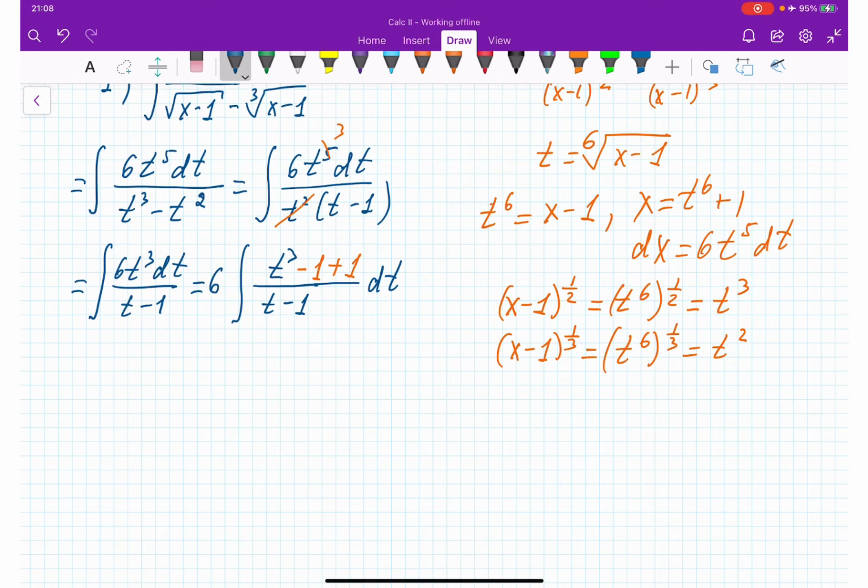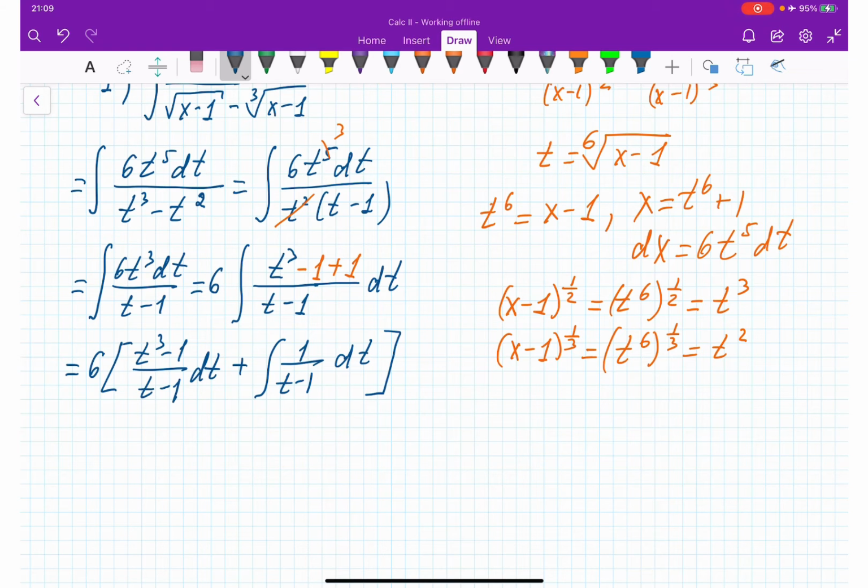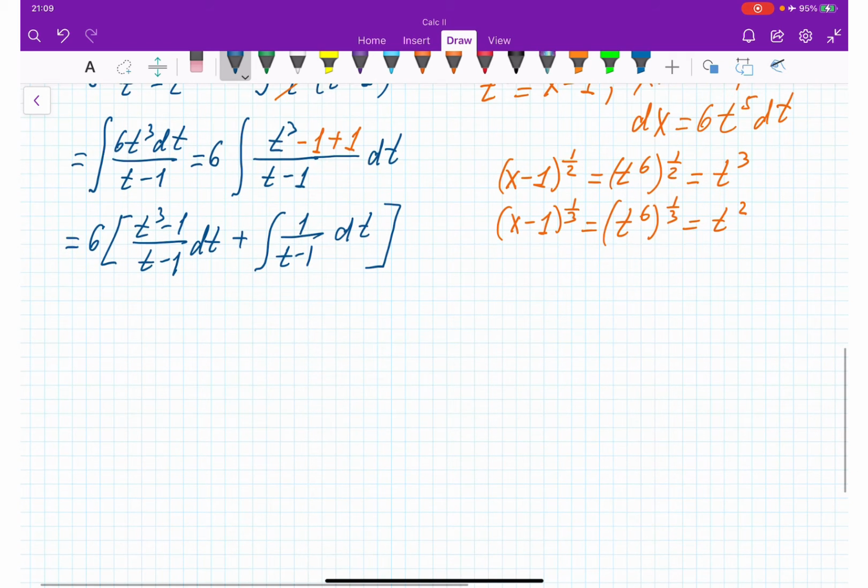So we are getting 6 integral of (t cubed minus 1) over (t minus 1) dt, plus integral of 1 over (t minus 1) dt. Yes? Okay. So from here, t cubed minus 1, I'm opening the formula a cubed minus b cubed, right?